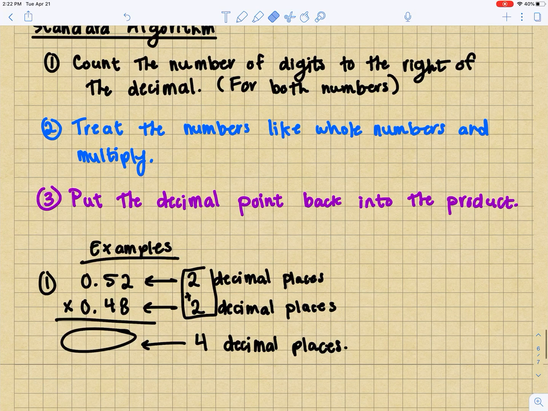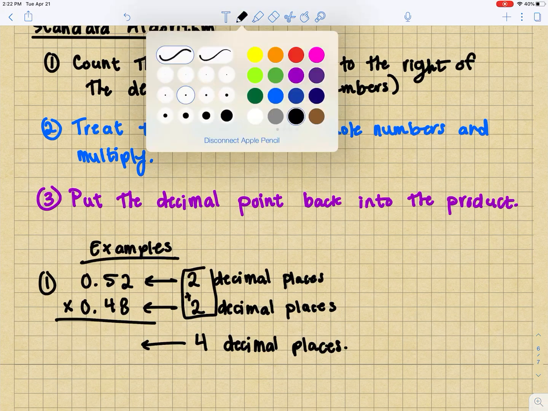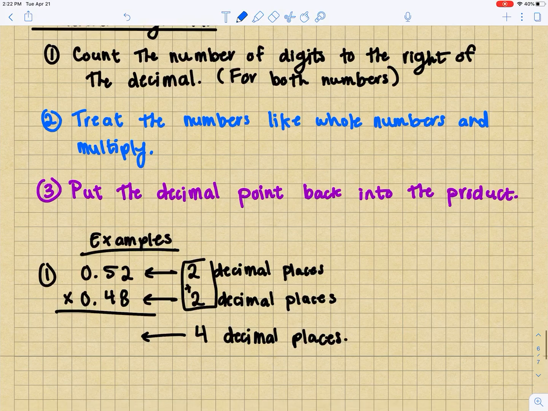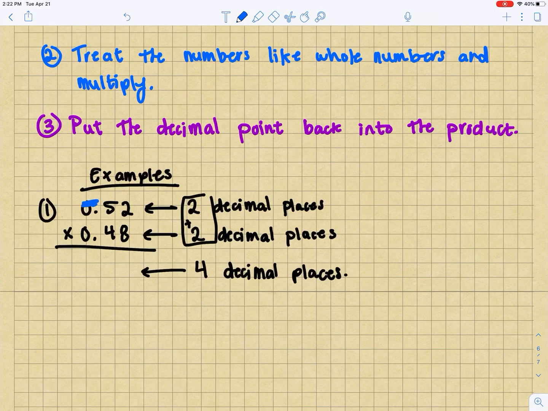Now let's take a look at what that looks like. I'm going to go ahead and multiply these numbers. Remember, step 2, which we are on right now, is treat the numbers like whole numbers and multiply. So for the multiplying part, I can ignore this, and it's like I'm multiplying 52 times 48. 8 times 2 is 16, carry the 1. 8 times 5 is 40, add 1, so that's 41.